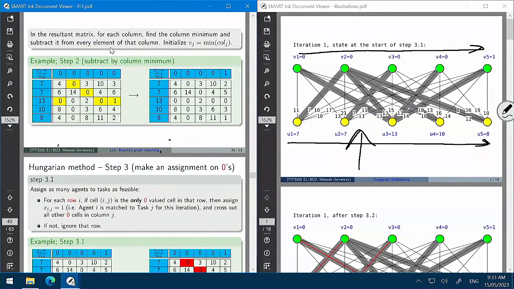Some of them are single line edges, some of them are thick. I want you to look at whenever you see a thick edge, the gray edge in the illustration, what is the reduced cost in that matrix here?